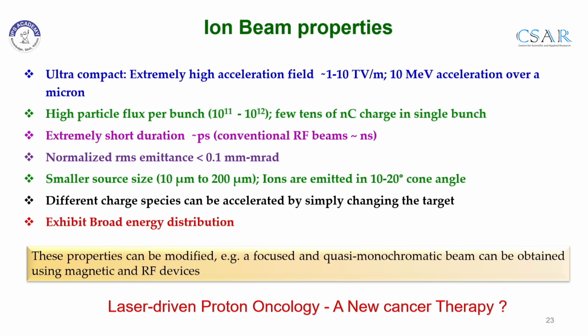Another point is that it exhibits a broad energy distribution. This is a negative point, which we can tailor by using some beam optics. We can focus this beam to a quasi-monoenergetic beam using magnetic and RF devices. So this opens a new field, laser-driven proton oncology, which can be a new cancer therapy.